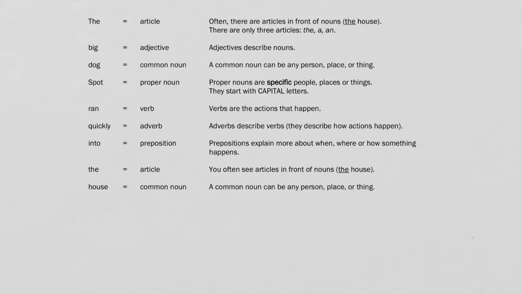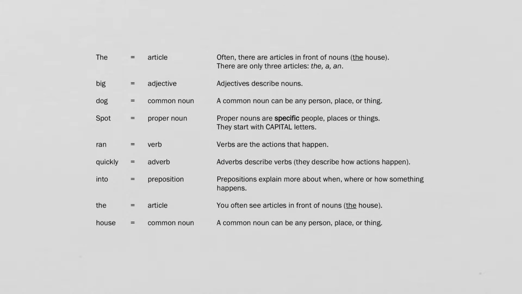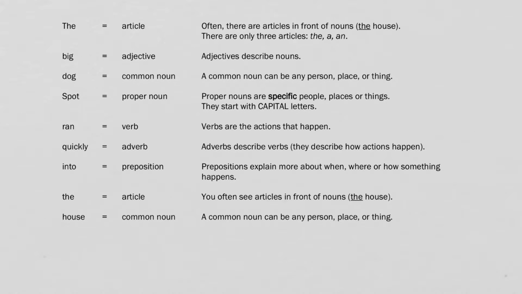And for anybody that can only get the notes on this video, these are all the details that I explained, right? While I was going through the video, what each word is, what part of speech it is, right? So for example, I say the, right? The is the first word in the sentence. It was an article, and there are often articles in front of nouns, like the house, right?